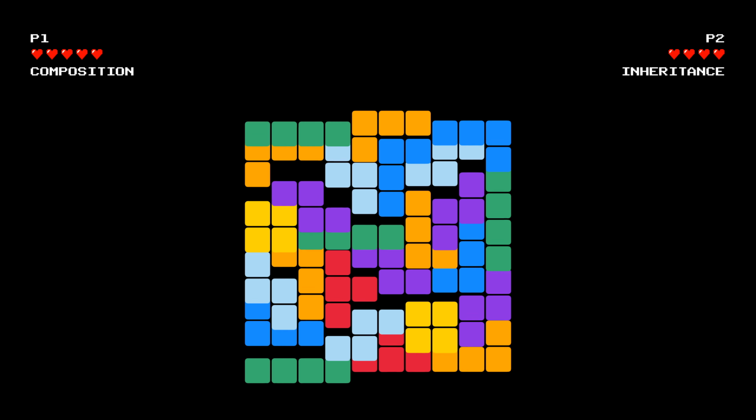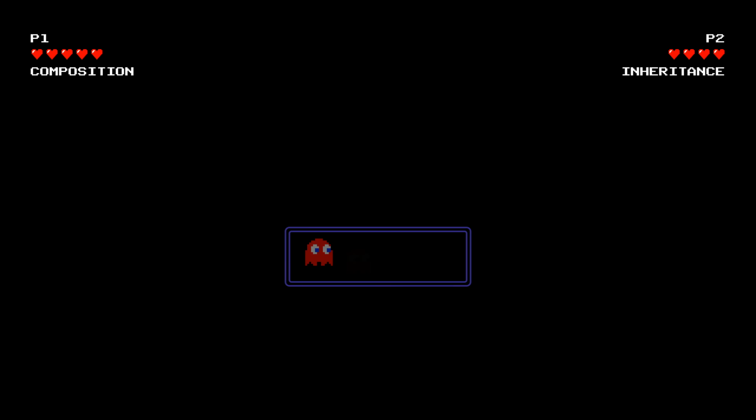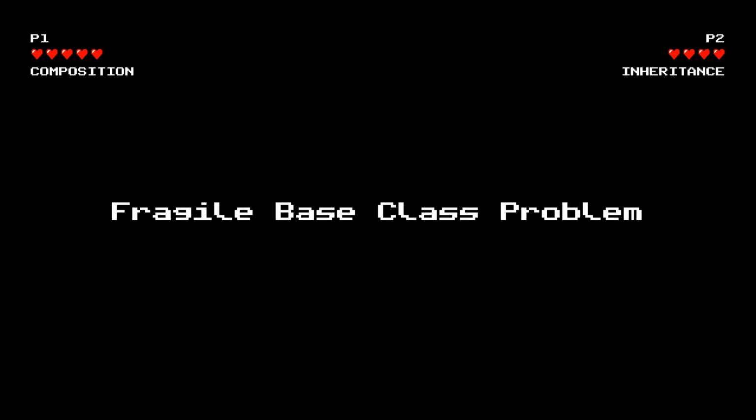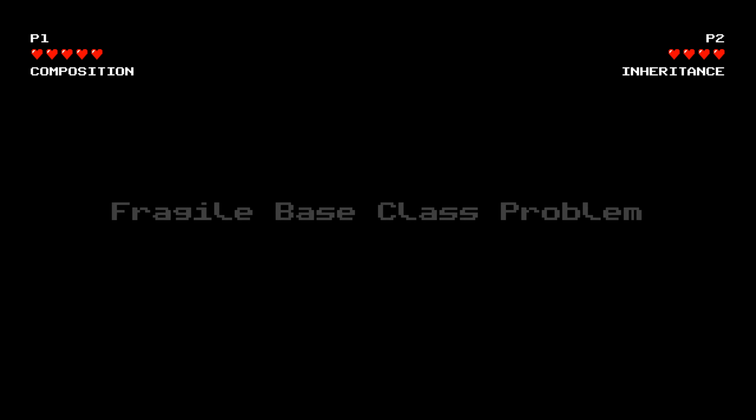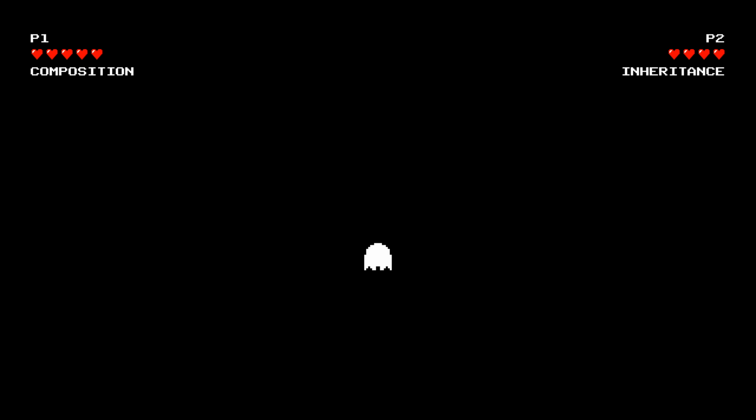Inheritance is one of the strongest possible types of coupling. Changes to a base class can inadvertently affect the functionality of its child classes. How often does this happen? Well, it happens often enough to be called the fragile base class problem. Let's explore this using the ghosts from Pac-Man.